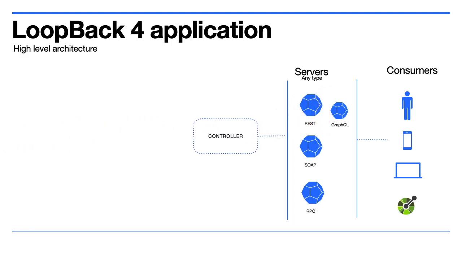So in the REST server, we have a controller. The controller is a class that is in charge of managing every request that is coming from the consumers through the server. Okay, so the controller in a LoopBack 4 application can have access to something that we call the service proxy. The service proxy is a service that exposes remote methods locally to the controller.